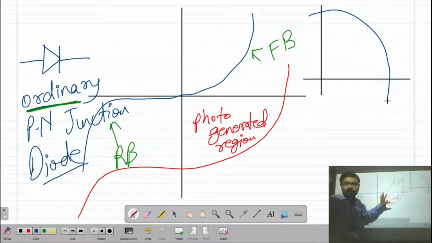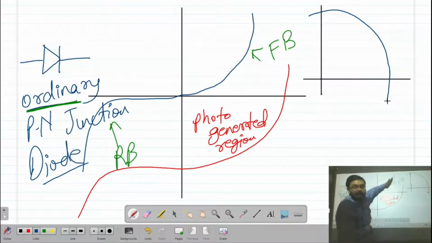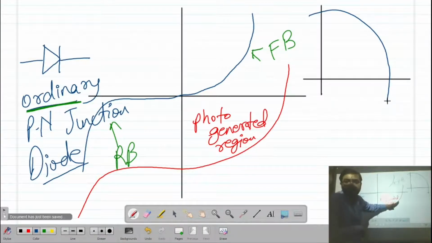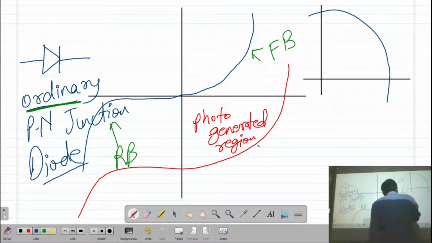I am taking this topic so you don't get confused in the IV characteristics. This is the ordinary part of a PN junction diode. The IV characteristics for a solar cell shift towards the fourth quadrant because it itself is generating voltage and current, right? So this is the IV of a solar cell on the fourth quadrant.